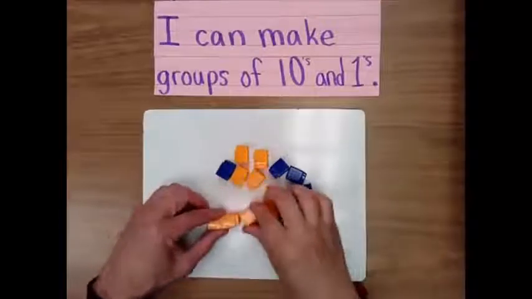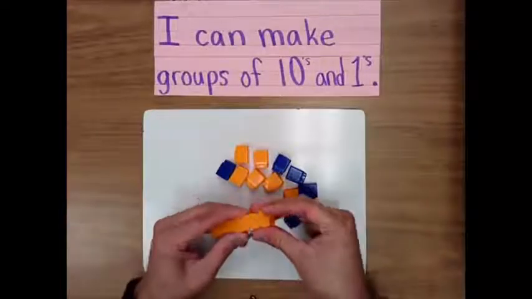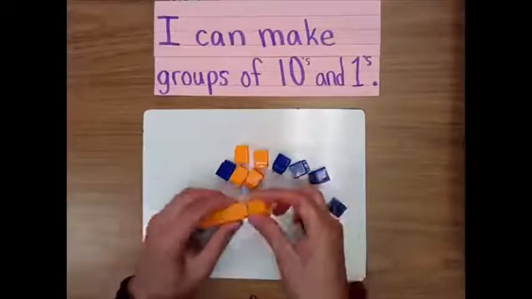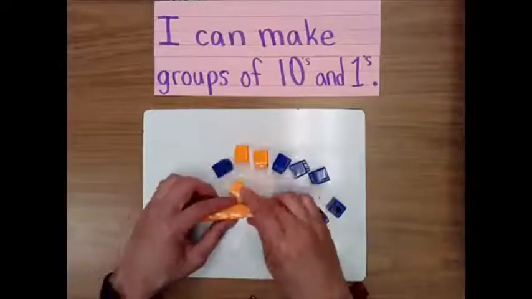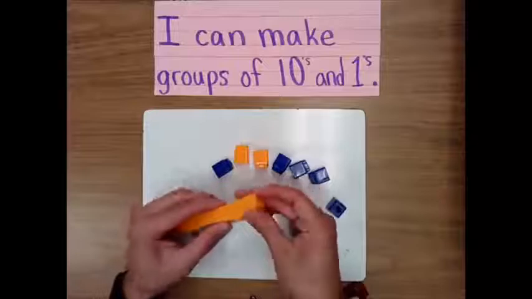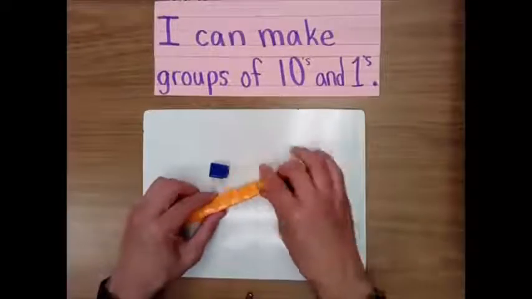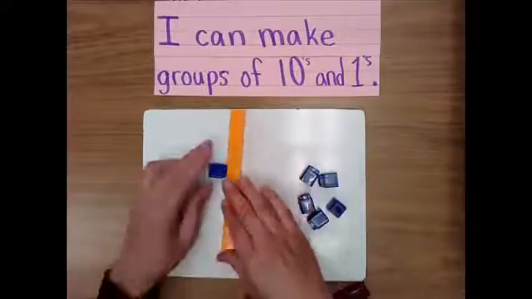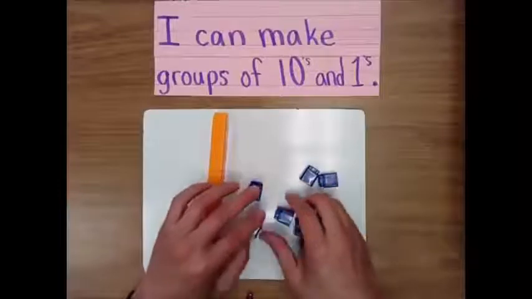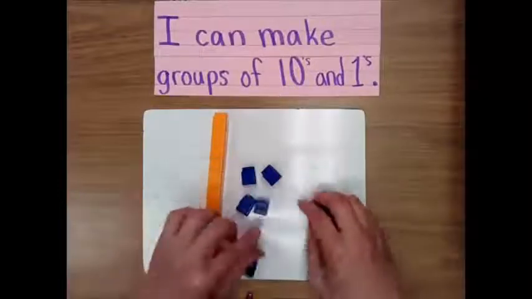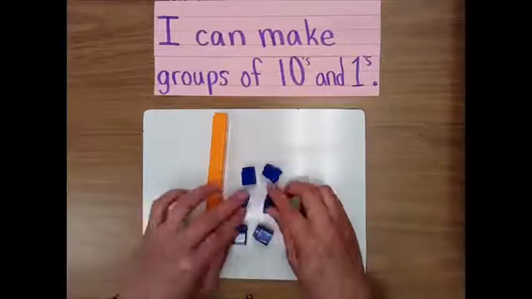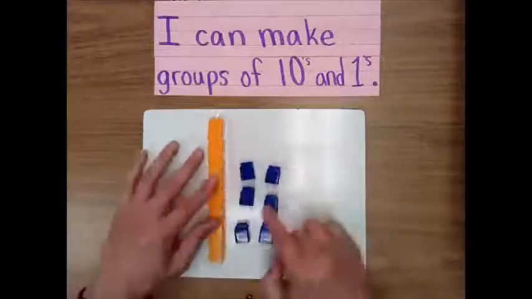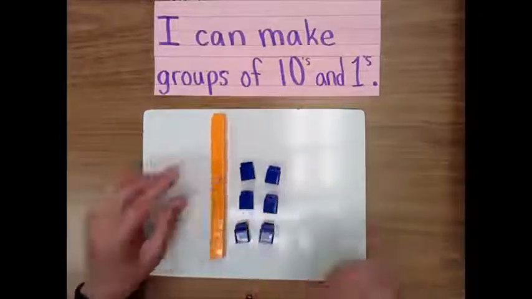Or I could make a group of 10. And so I'm going to see how many groups of 10s I can make. Okay, well, it looks like I can make one group of 10, and then I have some more left over. So I have one group of 10 and then 6 ones.